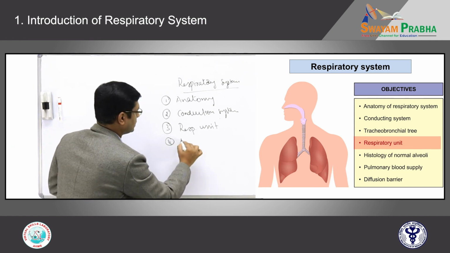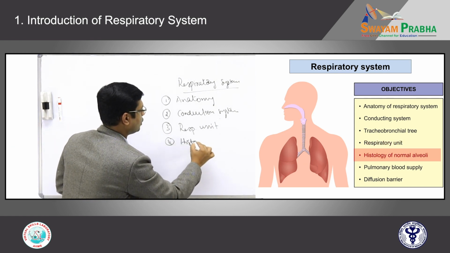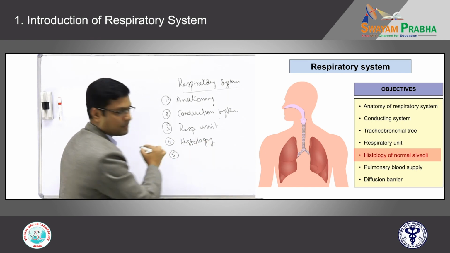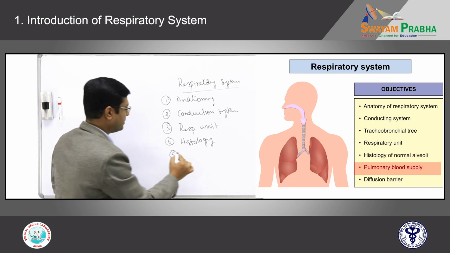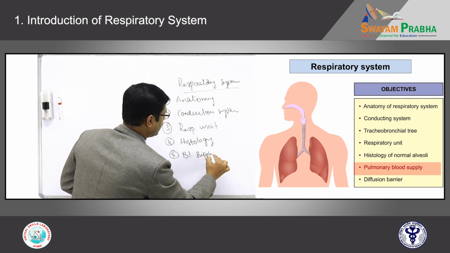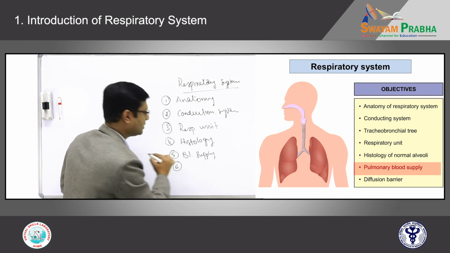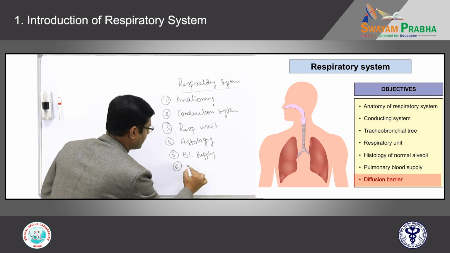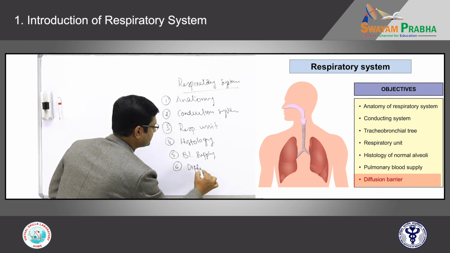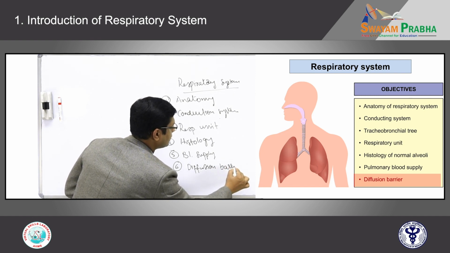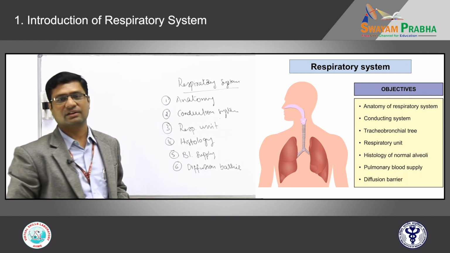We will see the normal histology of all the structures of the respiratory system. We will see the basic blood supply of the respiratory system, and finally we are going to learn about the diffusion barrier, where exactly the diffusion of gases takes place. That is called the diffusion barrier. What exactly is it?